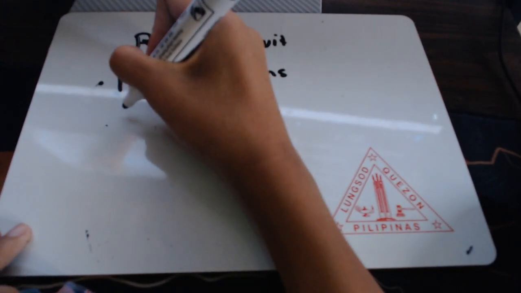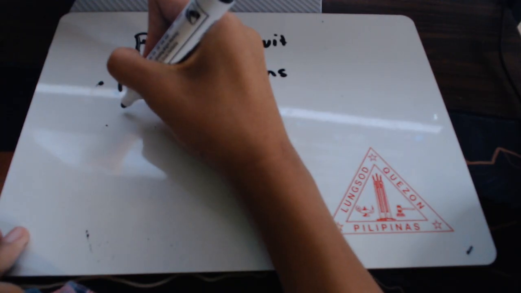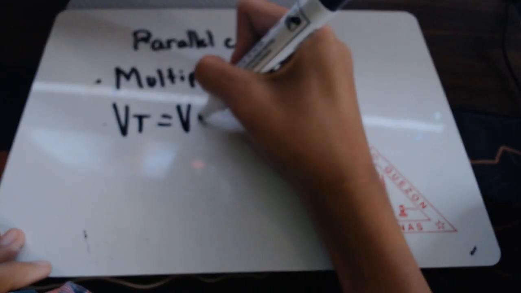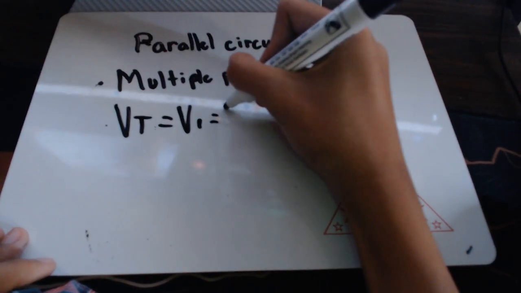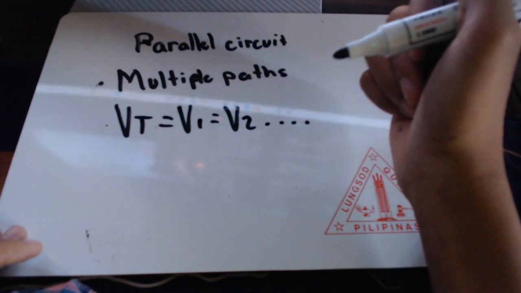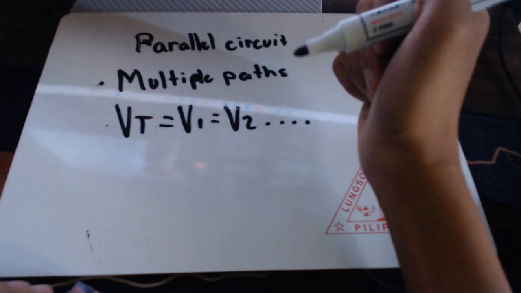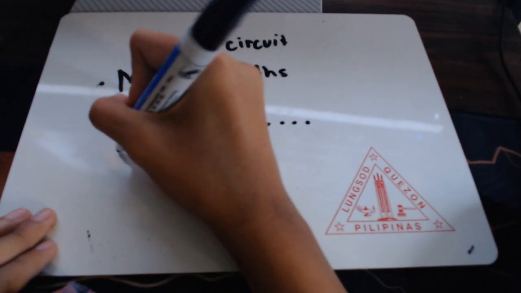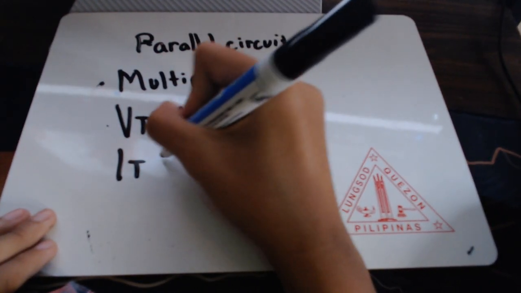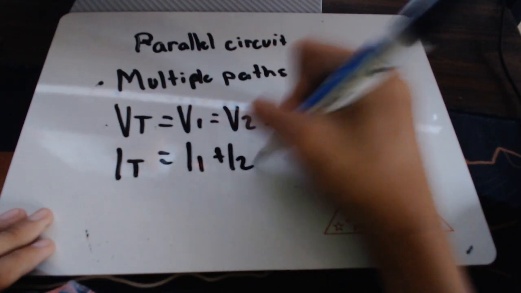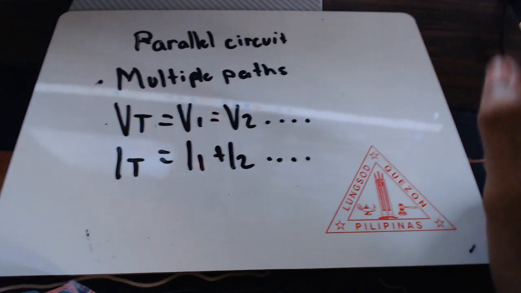So the formula for total voltage is just this, because the voltage is the same throughout all the branches, and so on and so forth. But the current splits between the branches, so it's this: IT equals I1 plus I2, and so on and so forth.